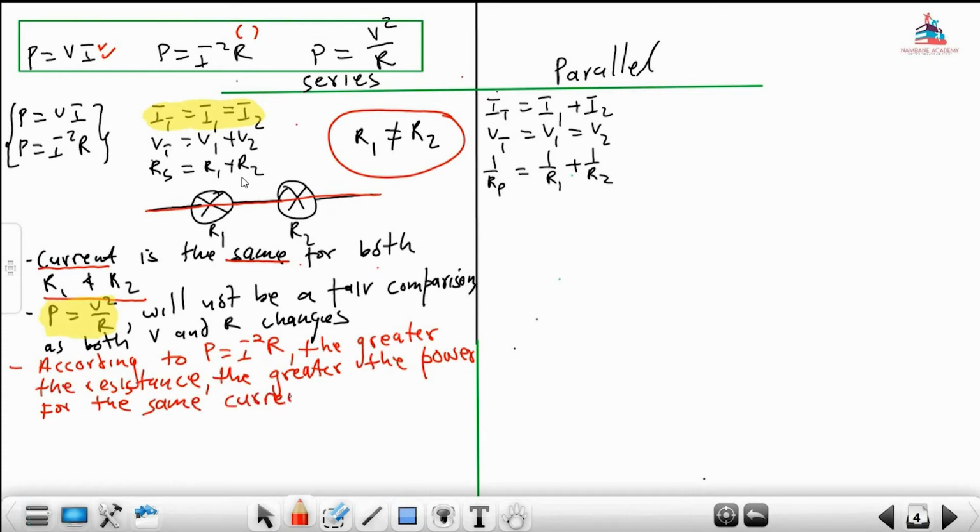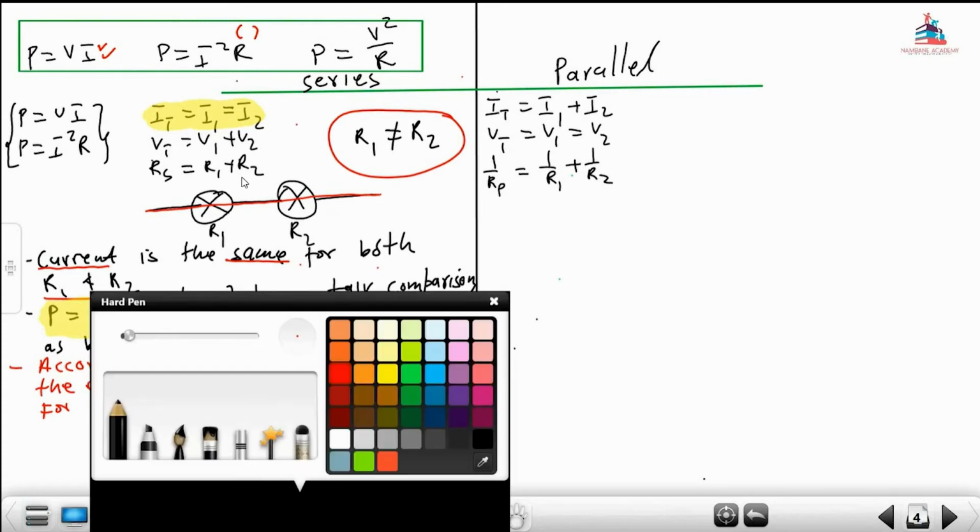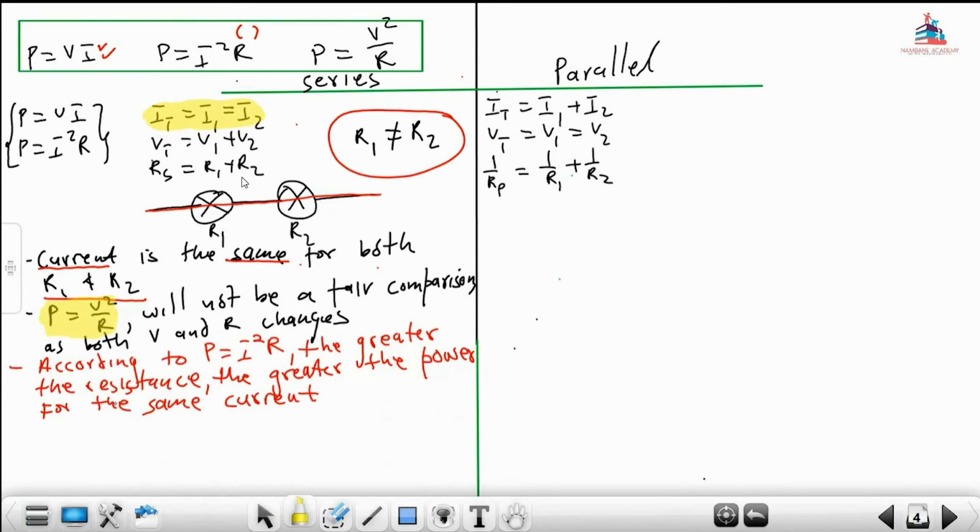So we must ensure that the current passing through these two resistors or bulbs that we are comparing is the same, because they are in series. Hence, we need to emphasize that the current thereof must be the same. Hence, one of the key hints is follow the current path.